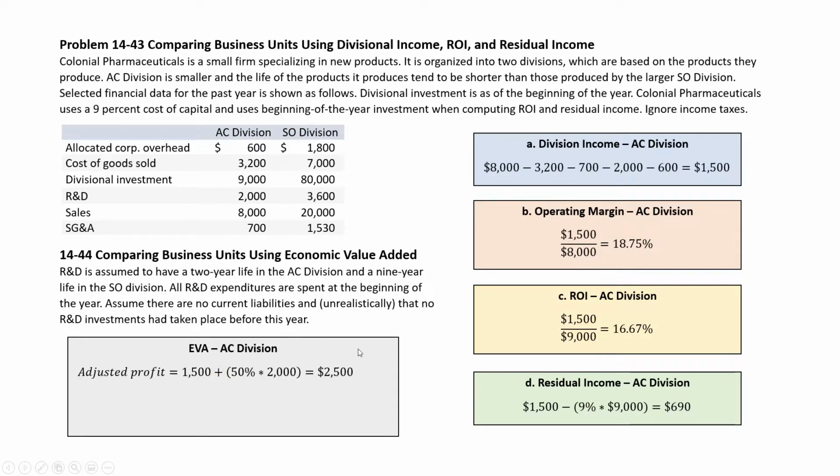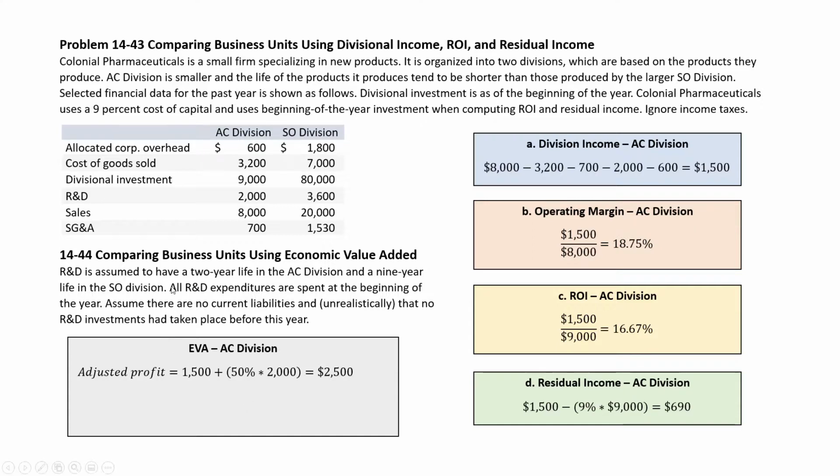First, I need to look at my prior income measurement, divisional income, based upon my typical accounting GAAP adjustments, which was $1,500. And I need to acknowledge that in here, I had expensed all $2,000 of the R&D. Again, EVA makes the argument, I should have actually capitalized that and more slowly amortized it over time.